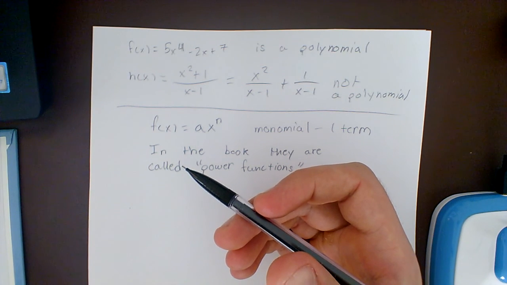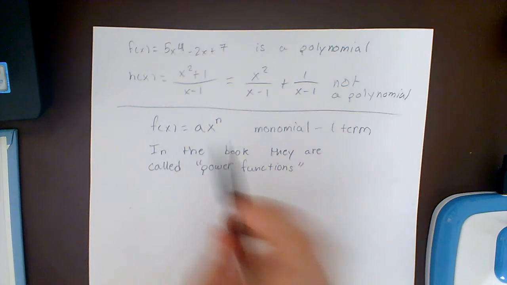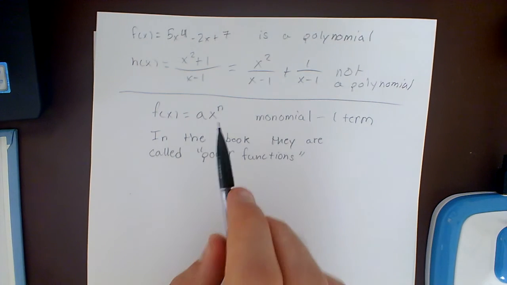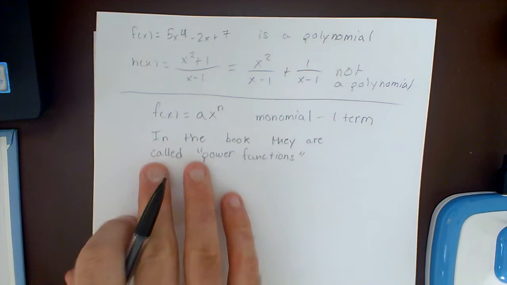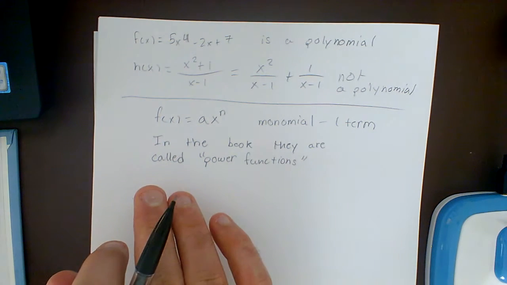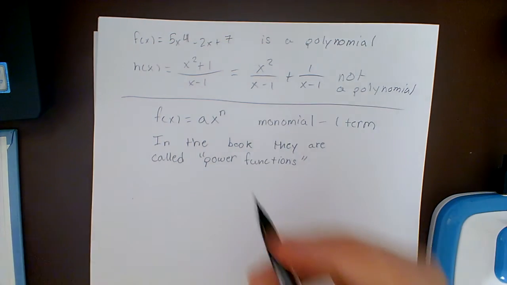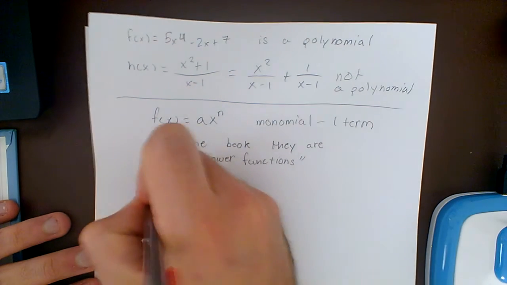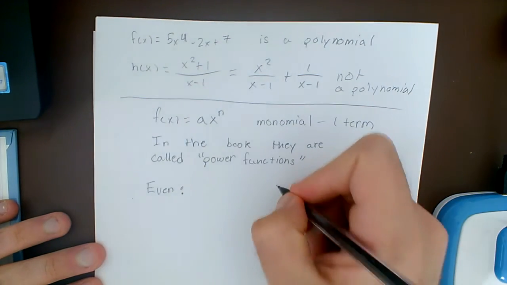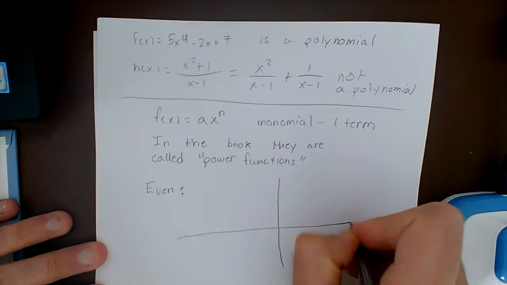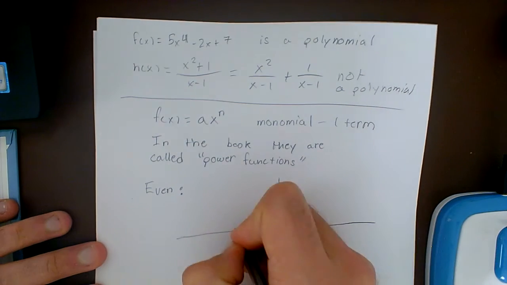You also want to notice that n would be the degree of your monomial or power function, and there's a difference between even and odd power functions. Okay, so for example, let's talk about even power functions.